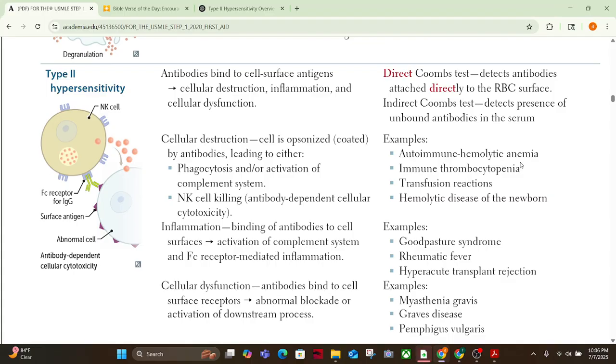So, because complement is activated and Fc receptors are engaged, this calls the neutrophils and leads to inflammation and tissue damage. Examples of this would be Goodpasture syndrome, rheumatic fever, and hyperacute transplant rejection. We're going to get into this soon. Okay, next.